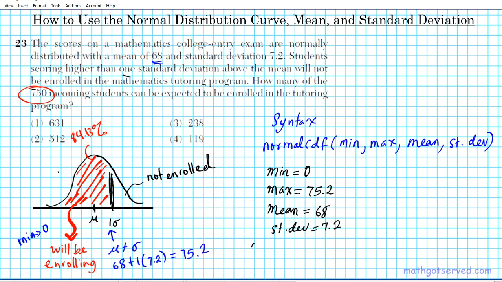The number enrolled in tutoring is basically 84.13% of the total. 84.13% is 0.8413, basically what we saw in the calculator. Then just multiply that by the total number of students, which is 750.